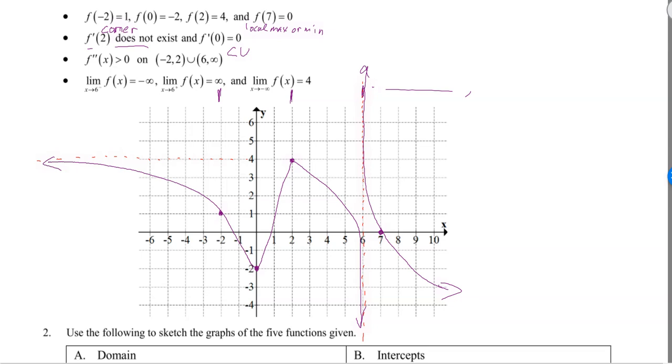Are we concave up here? Our first derivative does not exist at f of 2. Seem good? I'm going to pause.